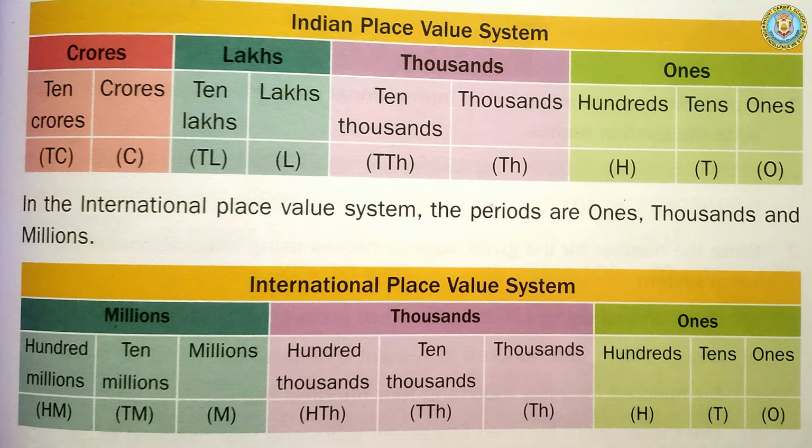Isn't it, my dear students? Then in Indian place value system, lakhs is added here. But in international place value system, is that there? No. Then the table changes to million. And in Indian place value system, crore is there. But here no crore in international place value system.